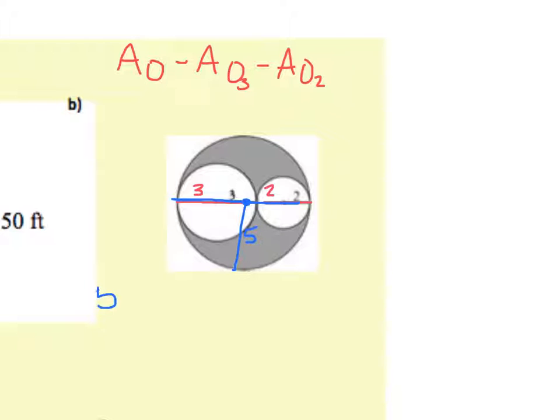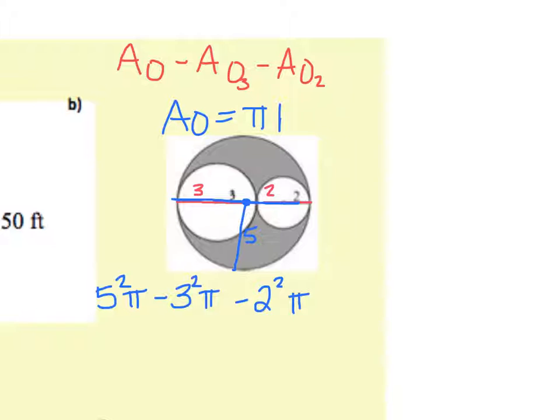So I'm going to take 5 squared times pi. And then I'm going to subtract the area of the radius of 3, so 3 squared pi, minus the circle with the radius of 2, so 2 squared pi. Remembering that the area of a circle is pi r squared. So it's going to be 25 pi minus 9 pi minus 4 pi.